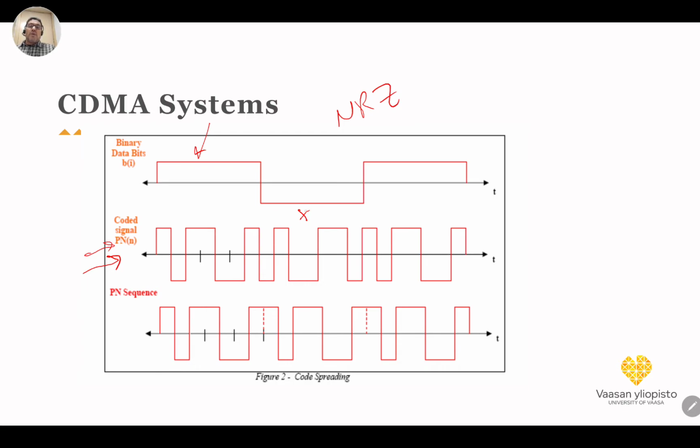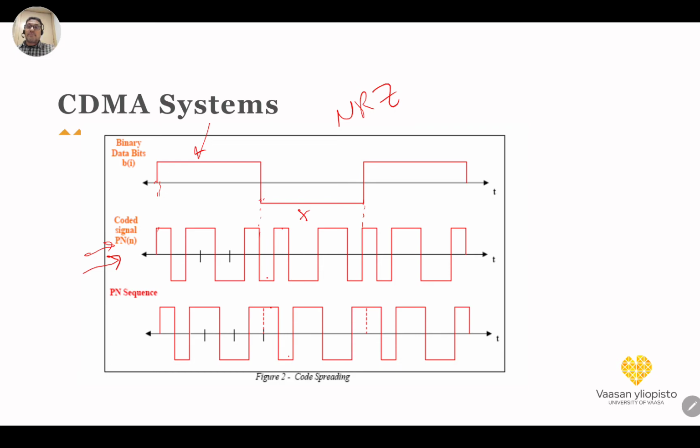So when you make the multiplication, what happens? If you concentrate on this figure, you can see that this part is multiplied by 1. When you multiply anything by 1, it stays the same. This second part will be multiplied by -1. Anything multiplied by -1 will be reversed: if it is 1, it becomes -1, and if it is -1, it becomes 1.